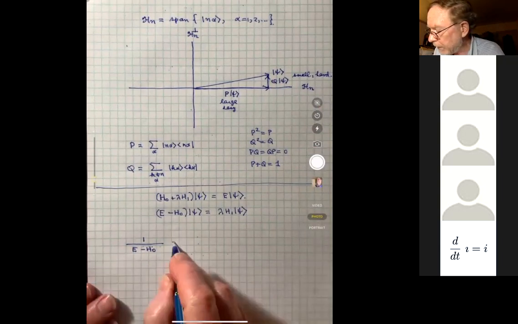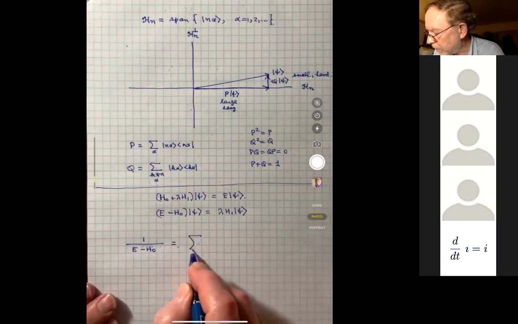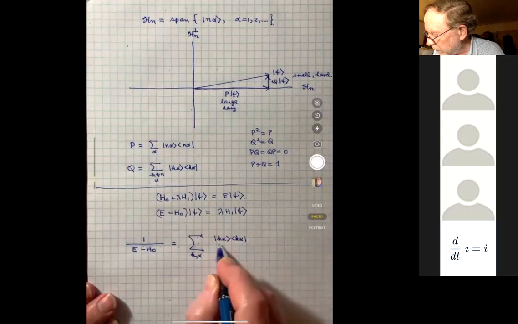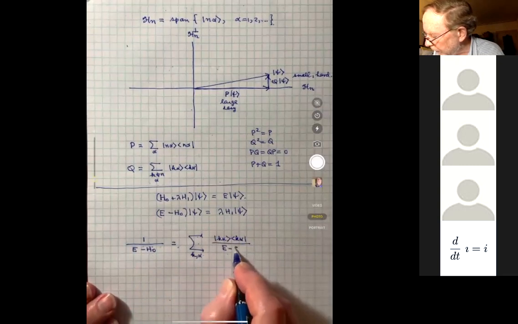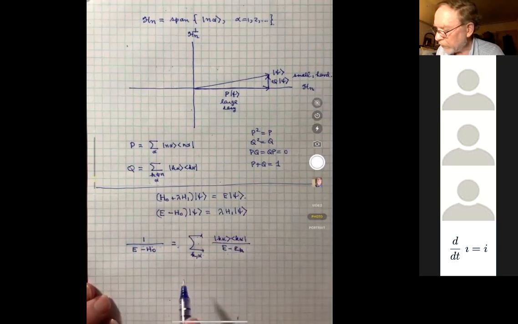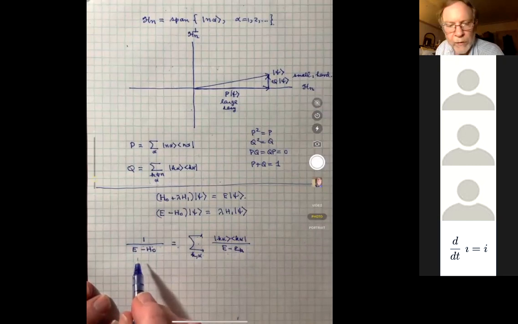If you do, what you find is that it's a sum over the eigenstates of H0. That's to say, it's a sum over all k and all alpha of the outer product of k alpha with itself, the projector in the numerator, divided by the denominator, which is E minus, instead of H0, the eigenvalue epsilon sub k. So this is just what we mean by 1 over E minus H0.